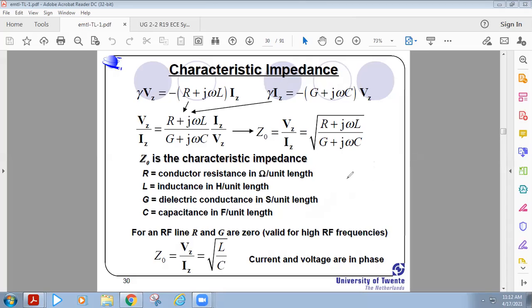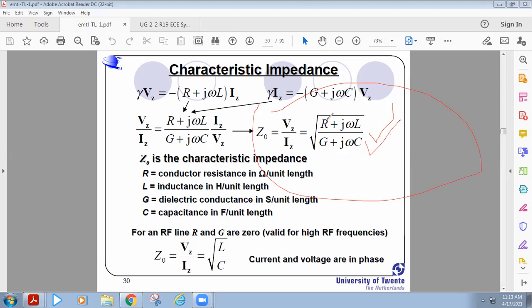If it is lossy, definitely there exists some R component and G component. By default, the characteristic impedance contains R, L, G, C terms. But for the lossless case, putting R equal to 0 and G equal to 0, we get omega root over L by C. That is the lossless condition.